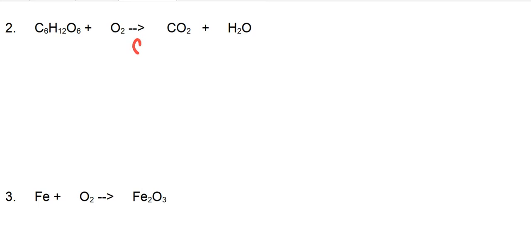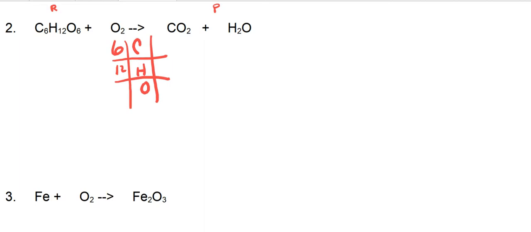So we have carbon, we have hydrogen, we have oxygen. We have 6 pieces of carbon on the reactant side. This is the reactant side, and this is the product side. We have 12 hydrogen.